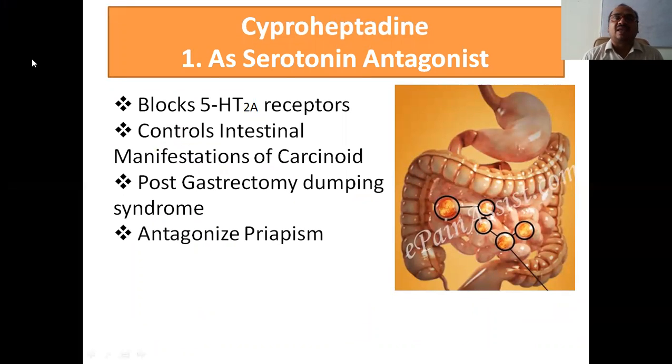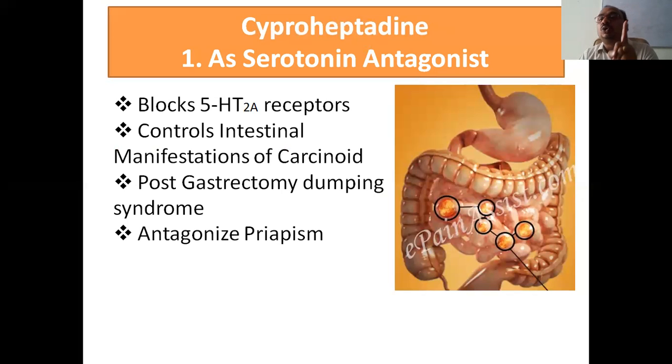Cyproheptadine, as a 5-HT antagonist, blocks 5-HT2A. It is very, very important. In the examination they will give you the drug name and receptor numbers, and ask whether it is selectively or non-selectively blocked, potent or non-potent, in competitive examinations. Keep that in your mind.